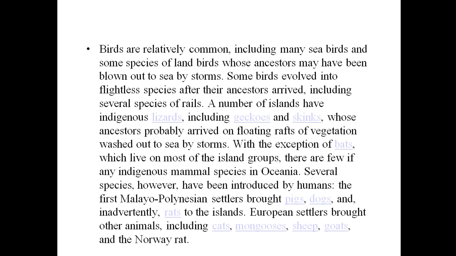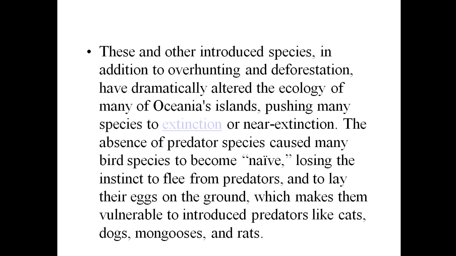So most of the animal species in Oceania are from the mainland. And many of them are introduced by the human beings, especially the first Malayo-Polynesian settlers. Even European settlers have also brought other animals.